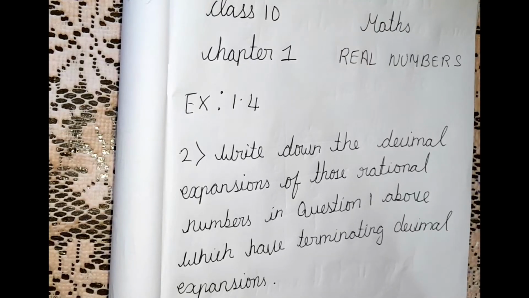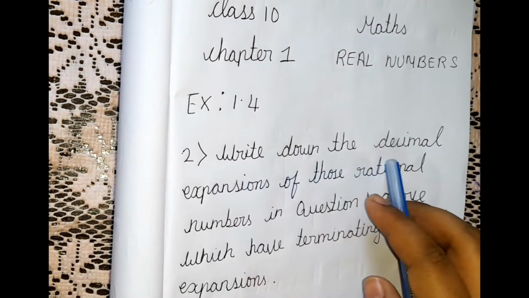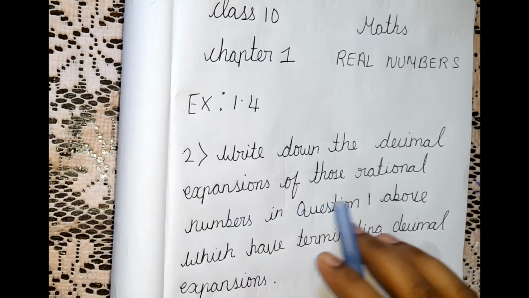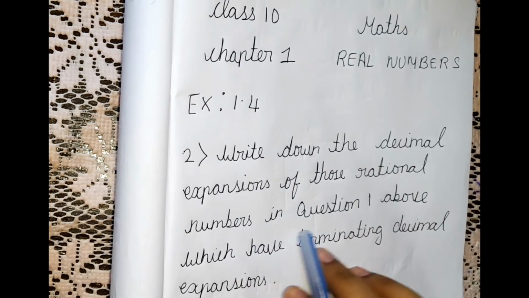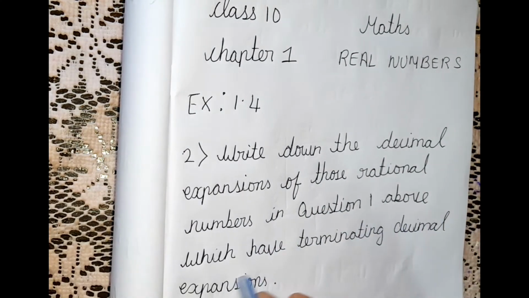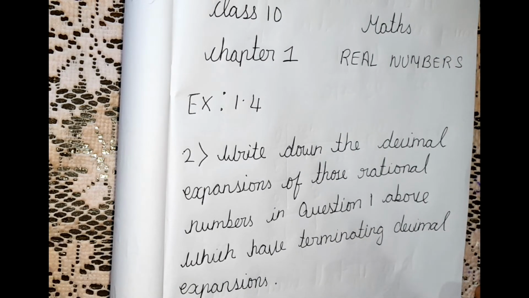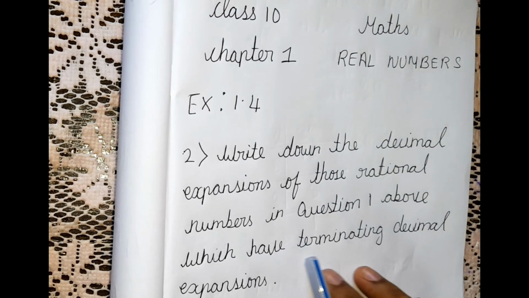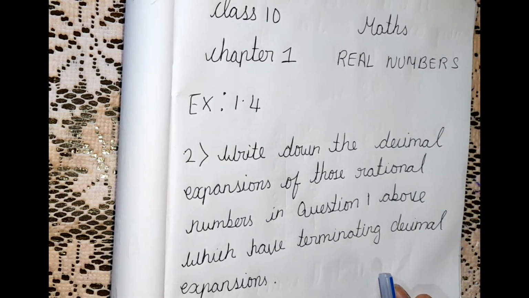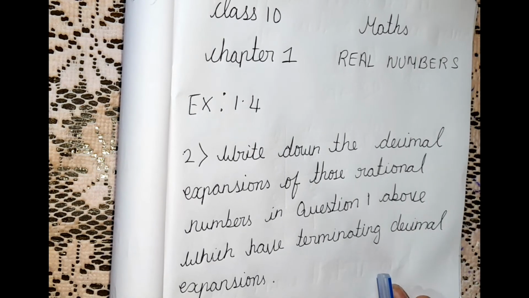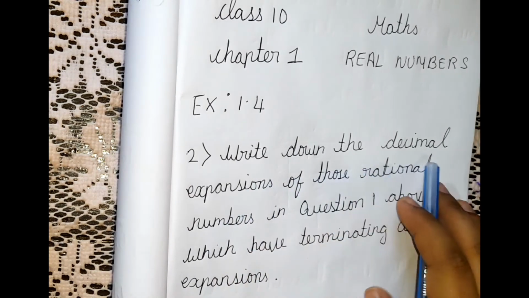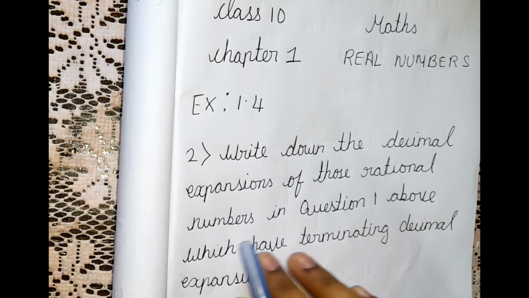Okay guys, now let's read the question. Write down the decimal expansions of those rational numbers in question 1 above which have terminating decimal expansions. So in this question they mentioned that whatever terminating decimal expansions we proved in question number 1, we should solve it and write down the decimal expansions of that rational number.